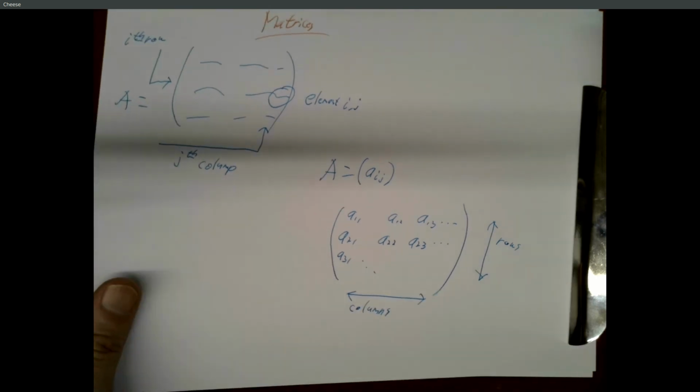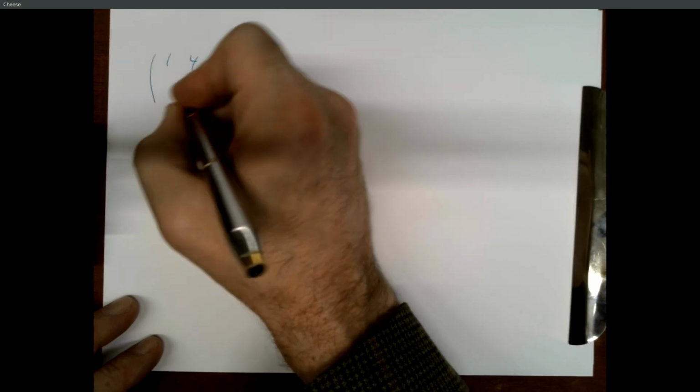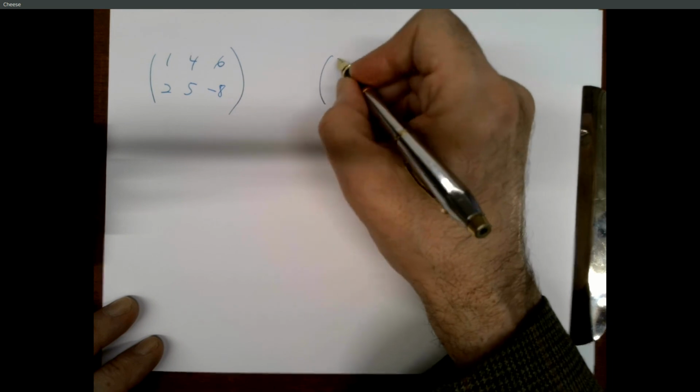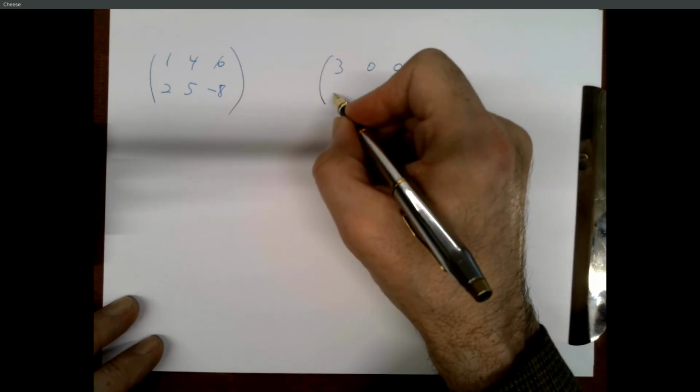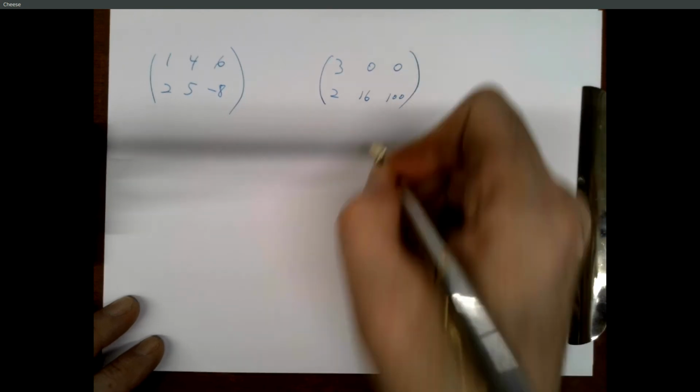And so addition we can define pretty easily as long as our matrices are the same size. So for example, I might have 1, 4, 6, 2, 5, and -8. And here's another matrix, 3, 0, 0, and 2, 16, and 100.